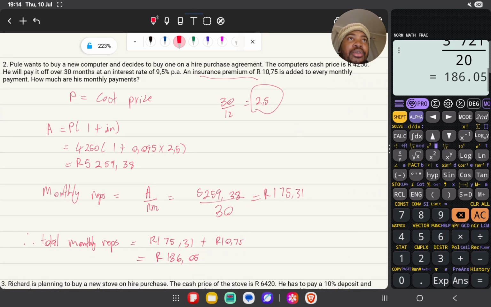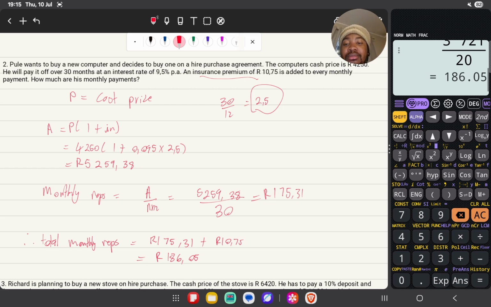Remember our guy, the money was supposed to be paid over 30 months at an interest of 9.5, and then there's an insurance. You calculate your accumulated amount, looking at how much the principal amount is worth at the end of the period.